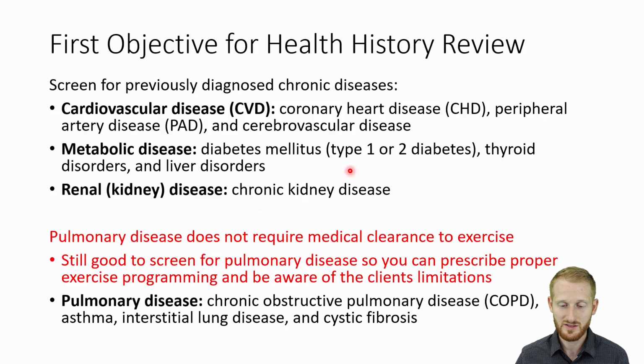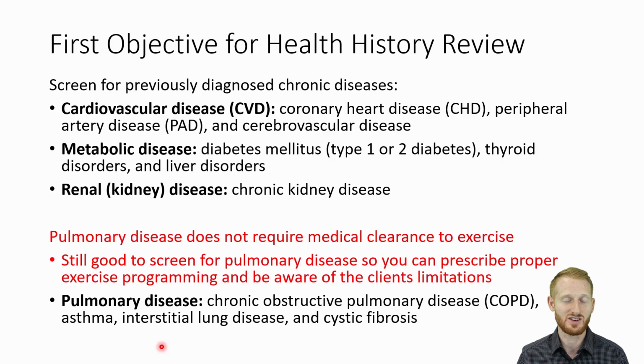So these are diseases that can affect the safety of the person during the exercise. A lot of these are going to increase the risk of having something like a heart attack or stroke. And that's the reason why you need to look for them and make sure that you find them if they are there. Some other diseases that you should take note of that aren't quite this level are the pulmonary diseases. So things like COPD, cystic fibrosis, interstitial lung disease, asthma.